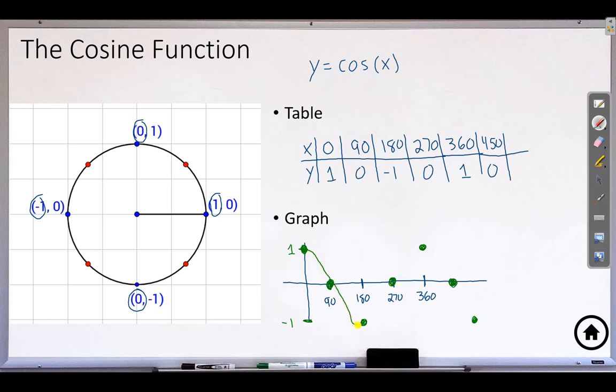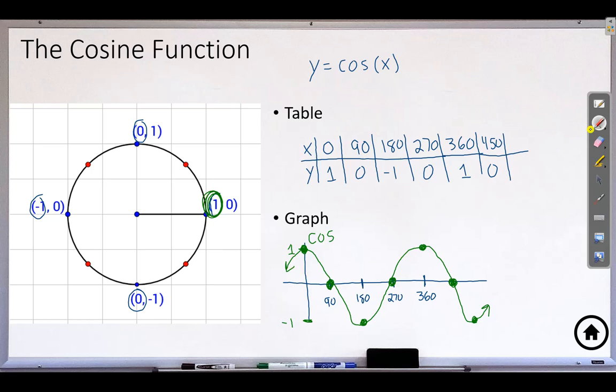Let me connect those up. Something like that. And it does keep going in both directions, so the wave goes that way, and the wave goes that way. But we again get this wave. So the big difference between our sine wave and cosine is that cosine starts up here at 1. So over here, the beginning of our circle is at 1.